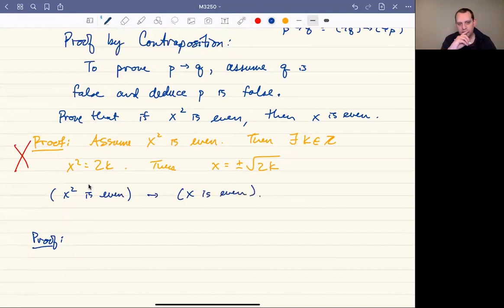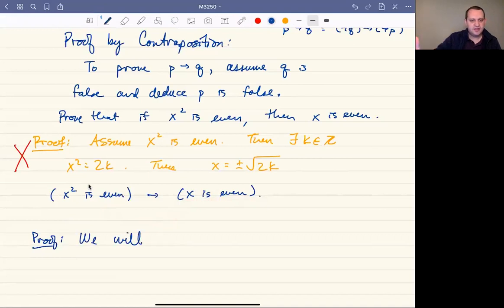And so what's the contrapositive? The contrapositive would be that if x is not even, then x squared is not even. In other words, if x is odd, then x squared is odd. That is a statement that we can work with.